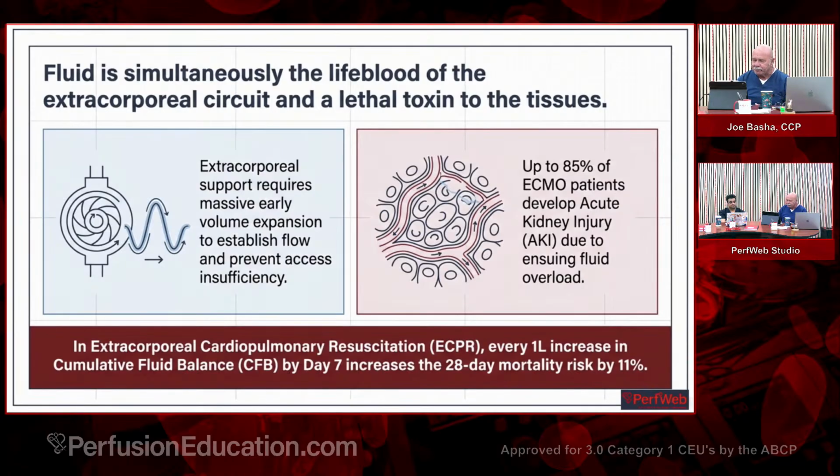I feel like it's always much later, and by the time we activate the MTP and get our hands on it, it's already too late. Up to 85% of ECMO patients develop AKI compared to 30% for cardiac surgery, and this is due to ensuing fluid overload.